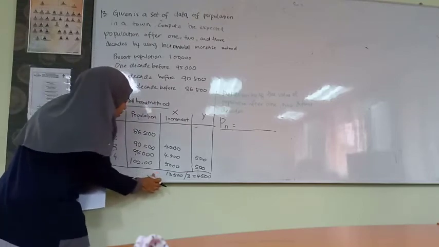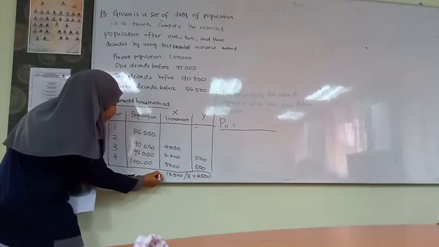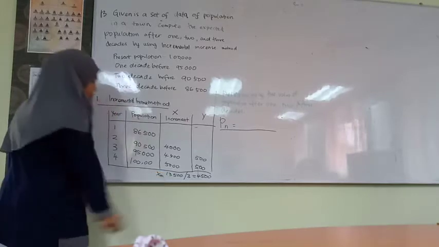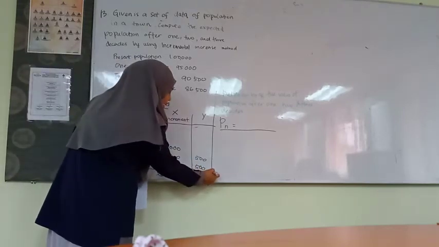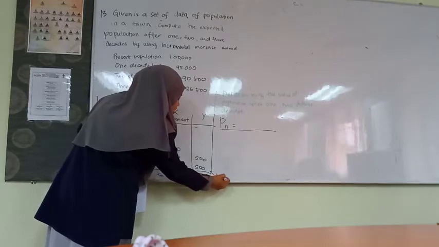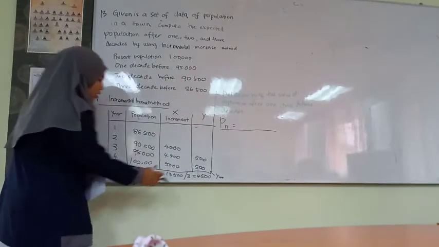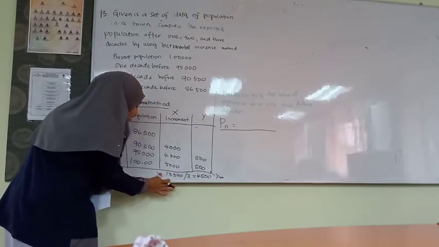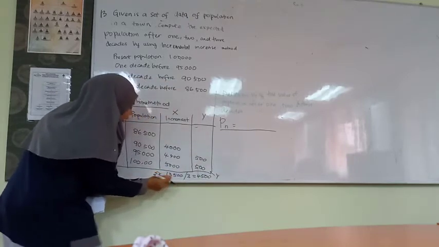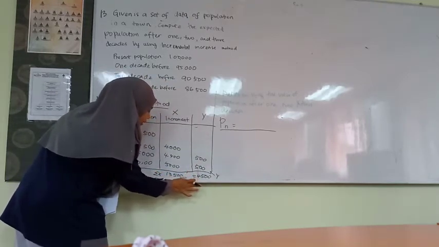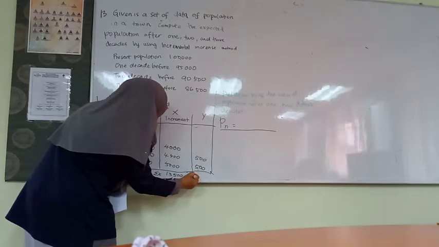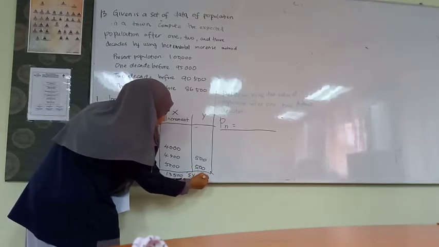So this time I am going to use the notation X average, and we should find another one, Y average. Okay, sorry, we are not going to find the average, but we are going to find the total of X. No need to divide by 3. So Y total is equal to 1,000.